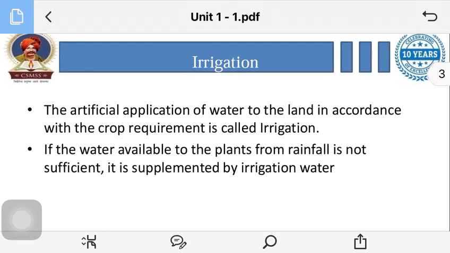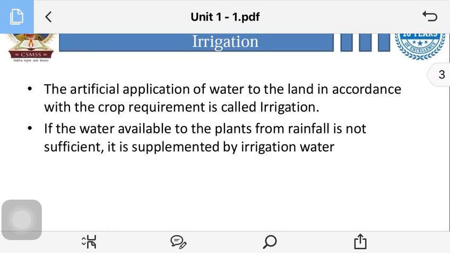Now let us see what irrigation is. Here the definition is given: the artificial application of water to the land in accordance with the crop requirement is called irrigation. In simple language, we can say it is the process of supplying water by artificial means to agricultural fields for crop production.